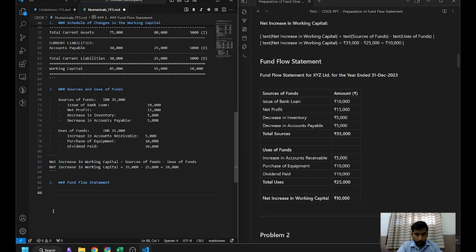So, this will be the fund flow statement of XYZ Limited for the year ended 31st December 2023.